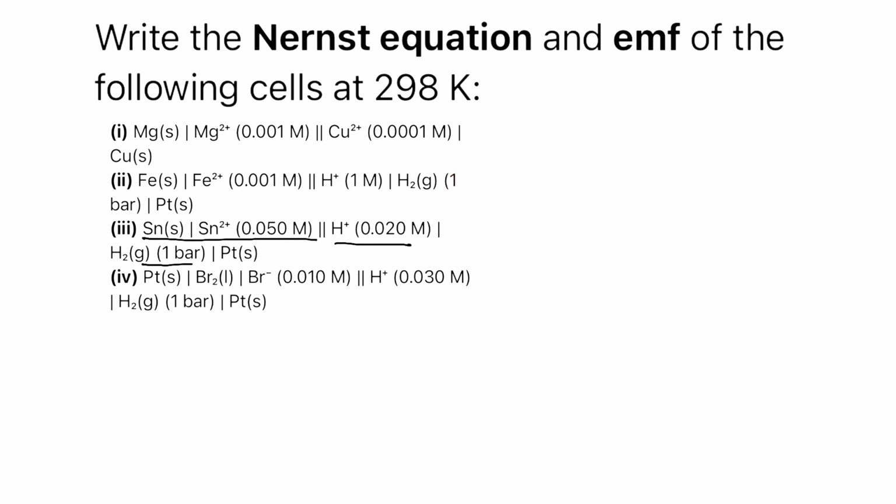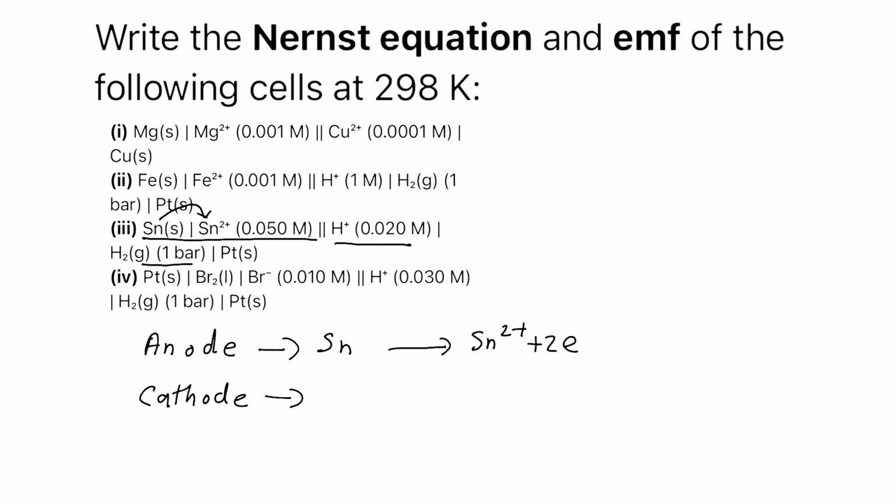First, we can write anode reaction and cathode reaction. So anode reaction: you can see tin becomes tin 2 plus, right? Sn becomes Sn2 plus plus 2 electrons, right? Now on cathode we have H plus, right? H plus is becoming what?